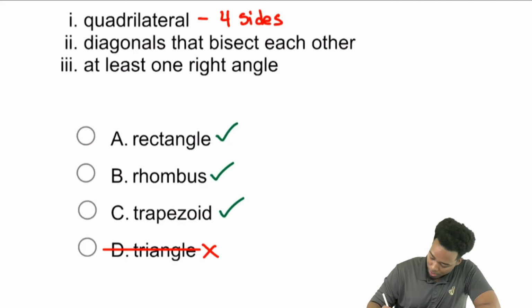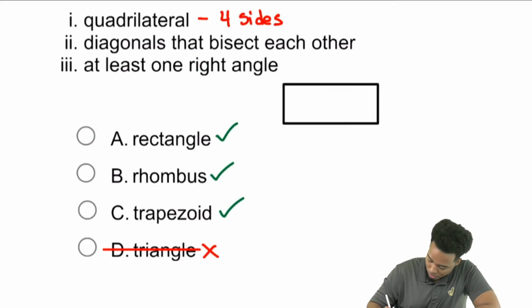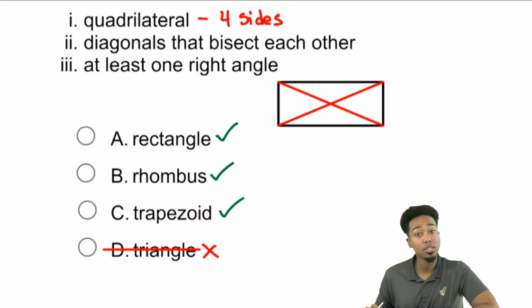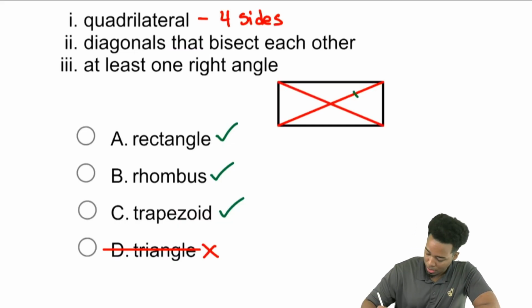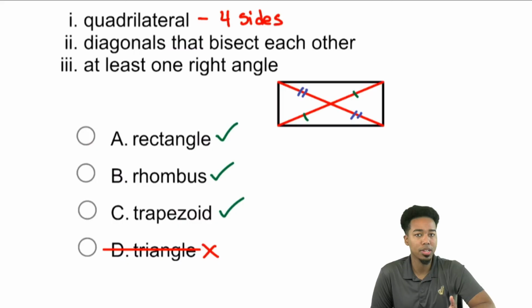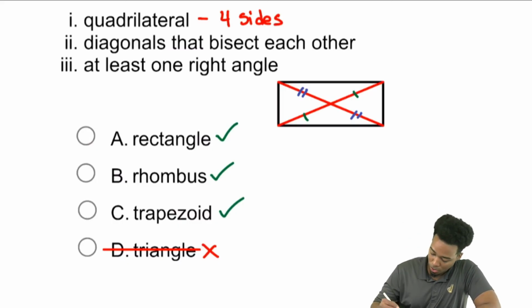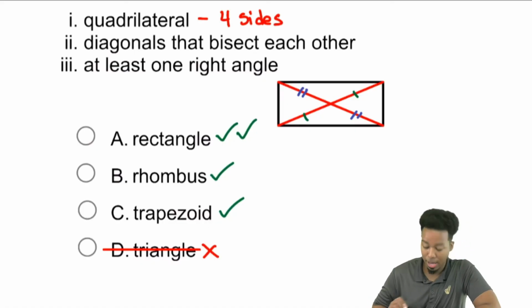If I take a look at a rectangle, do these lines here and there cut each other in half? The answer is yes, absolutely. This is the same length as that, and this is the same length as this. Truly, they're all the same because it's a rectangle, but yes, they do bisect each other. So a rectangle so far checks that box off.